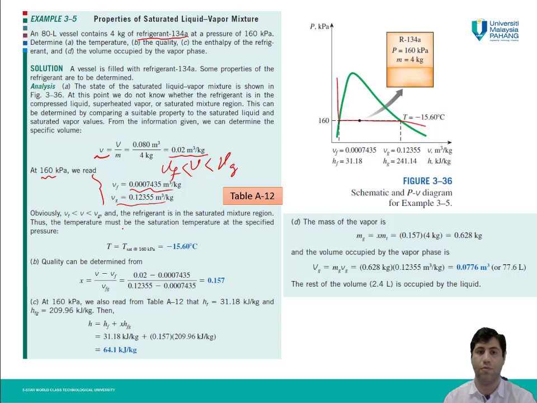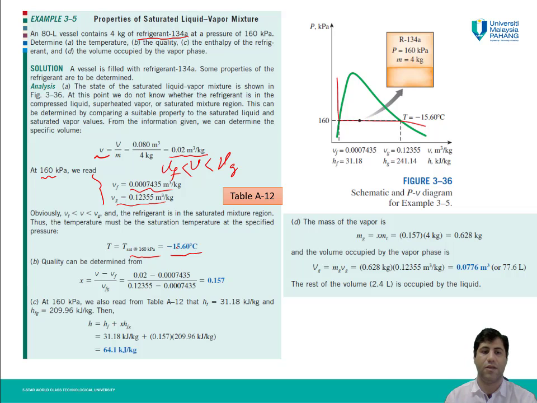Then also I showed you the saturated temperature. For this pressure we can find this saturation temperature as well, which is negative 13.60 degrees Celsius. So first of all, we found the temperature which was given by the question.